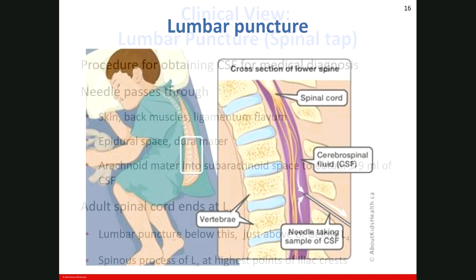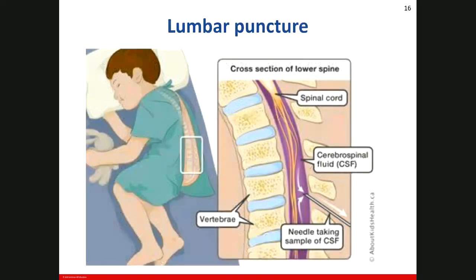Look at this picture. It shows that when we want to do a lumbar puncture, we should pass the skin first, then the muscle and the yellow ligament. We should pass the dura mater and arachnoid mater. We come to the subarachnoid space, and in the subarachnoid space we have cerebrospinal fluid which we can aspirate.